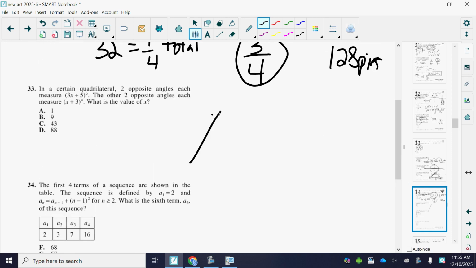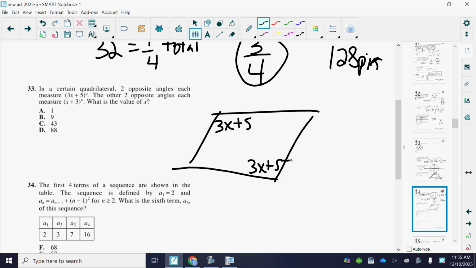In a quadrilateral, draw one. Two opposite angles each measure 3x plus 5. Heard that before? And the other two are x plus 3. So what do the 4 angles have to add up to be? 360.